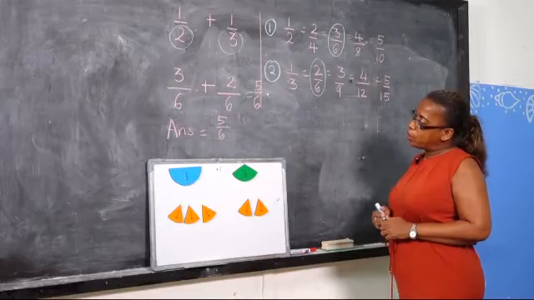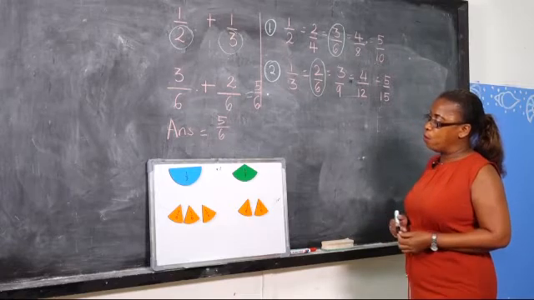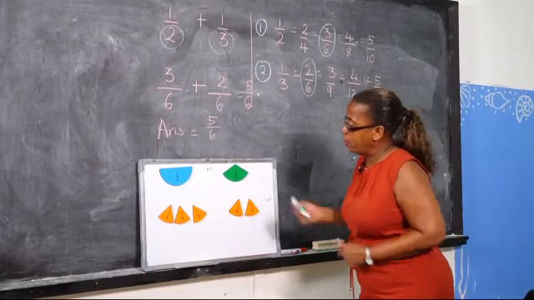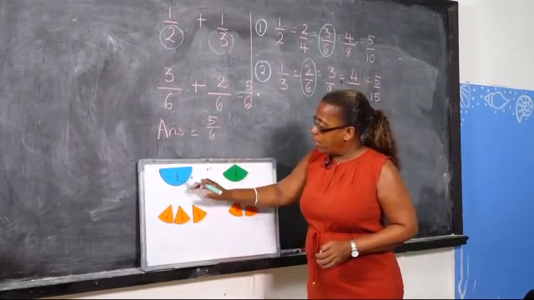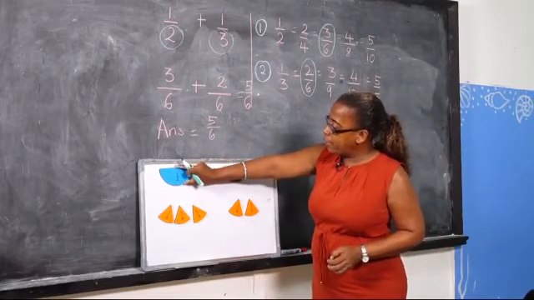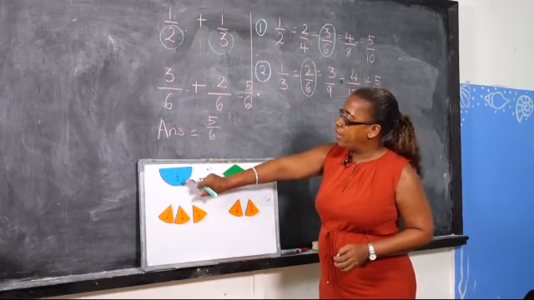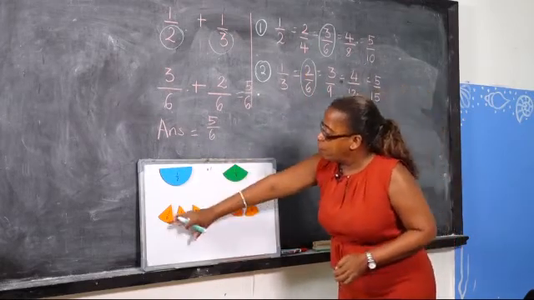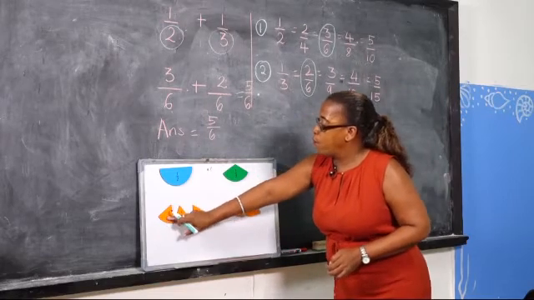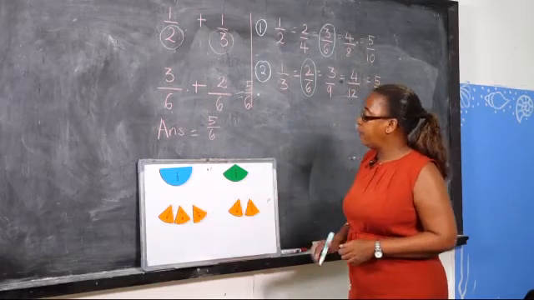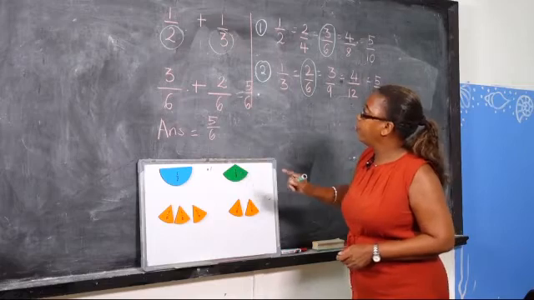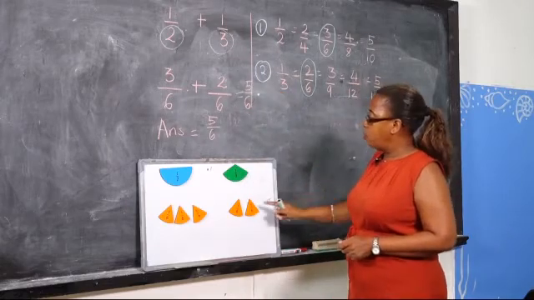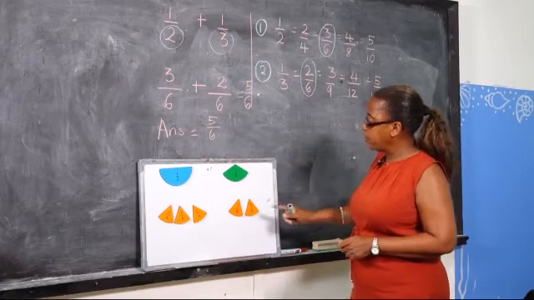So, just to get back from where we started with the smaller story, where Beverly ate 1/2. And when we find the equal fraction of 1/2, we got 3 sixths, and Charles ate 1/3 out of her 3 pieces.